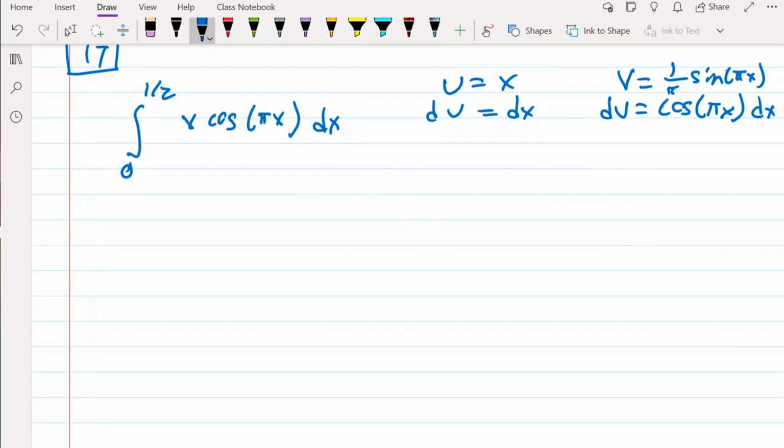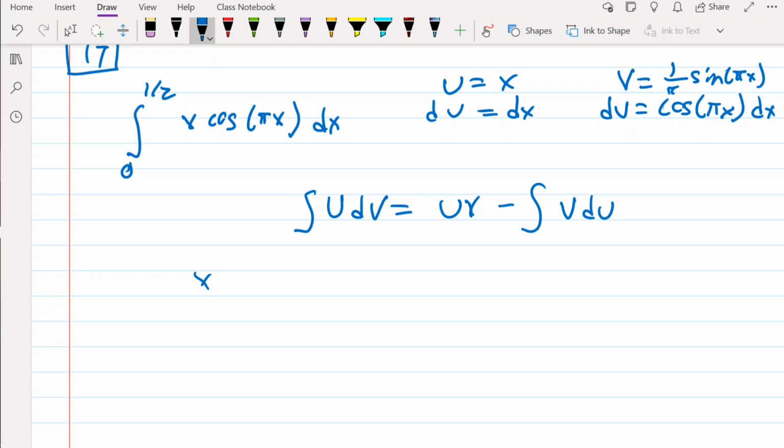So now we're going to have the integral of u dv equals u times v minus the integral of v du. So this will be u, this will be dv.